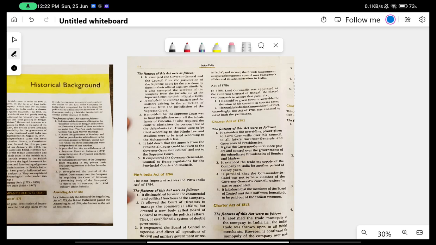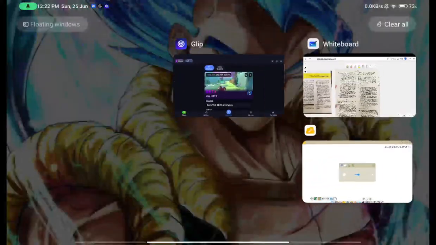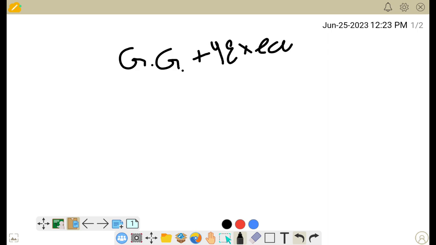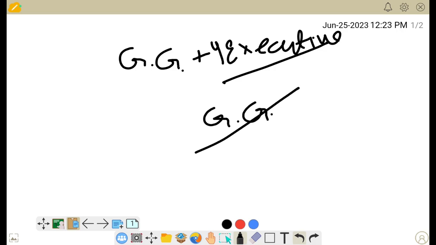Governor General in Council. Now let me tell you what Governor General in Council is. It's very simple to understand. So this was the Governor General, right? Plus this was his 4 executive members. He had a council of executive members, right? Of 4 executive members. So there are some cases where the Governor General can take decision by himself, right?